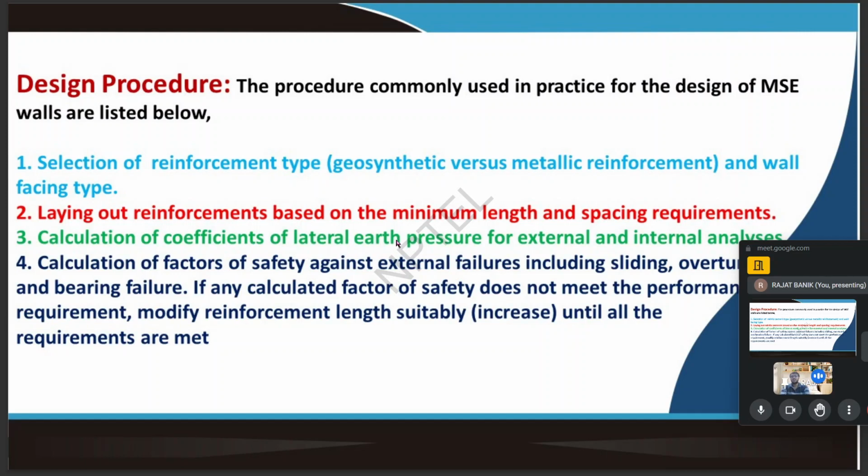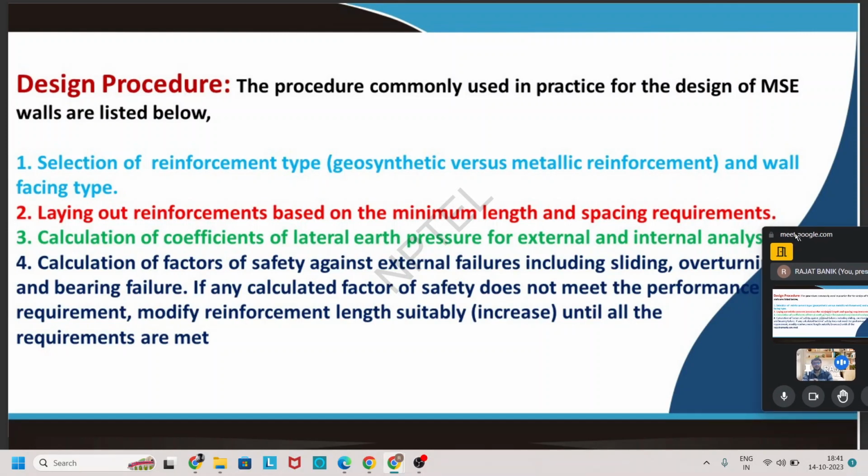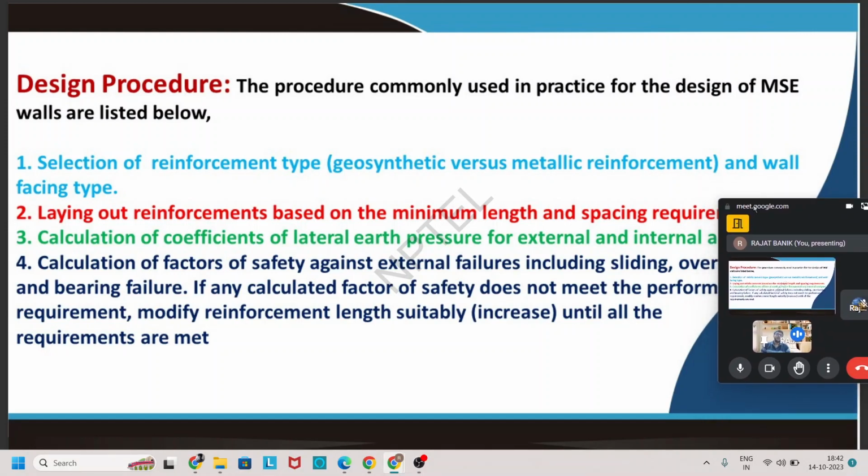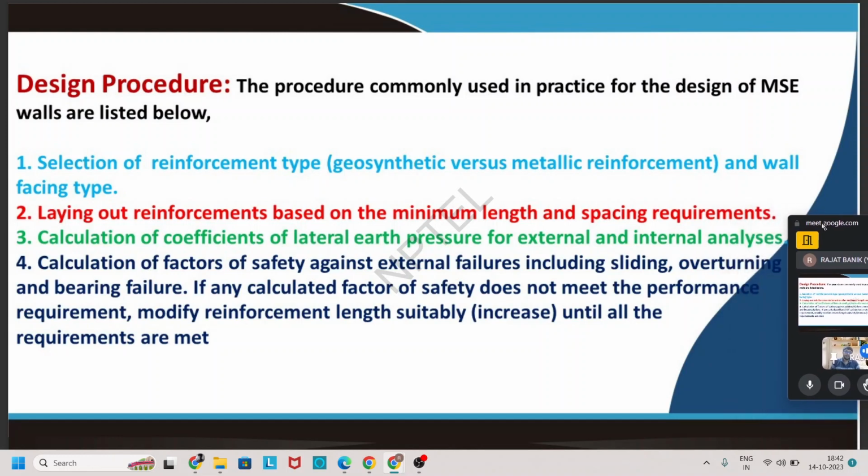Then we need to lay out the reinforcement based on the minimum length and spacing requirements. Then we need to calculate the coefficient of lateral earth pressure for external and internal analysis. Then calculate the factor of safety against different types of failure modes, like external failure, including sliding, overturning, and bearing failure.